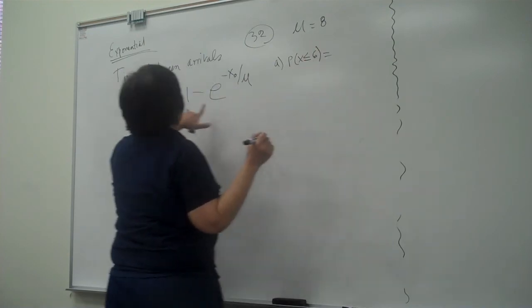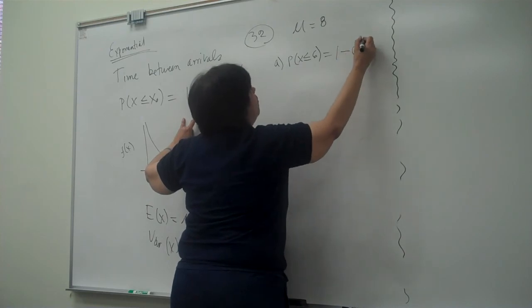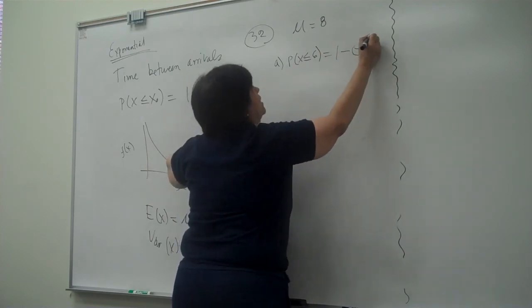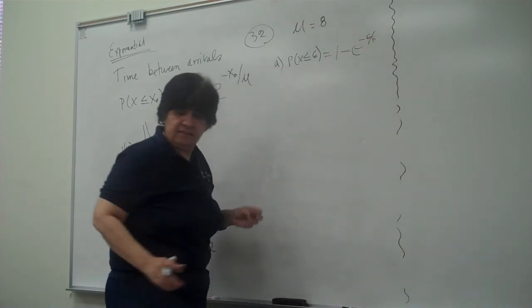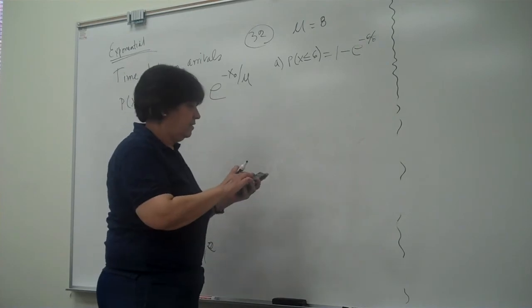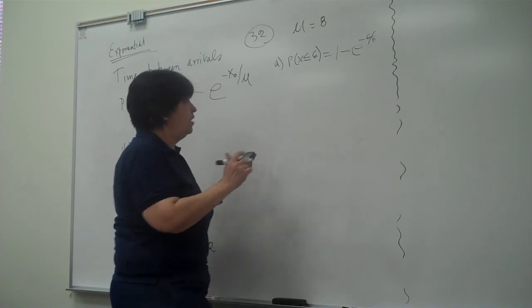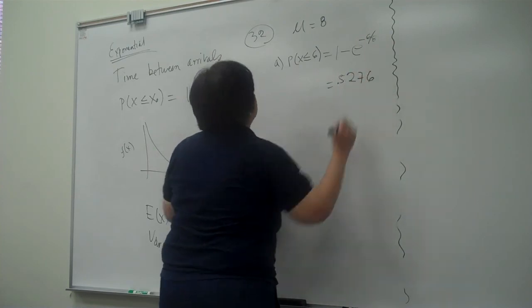Use the formula 1 minus e to the power of minus x0. What is x0? It's 6 divided by mu, 8. That is 0.5276.